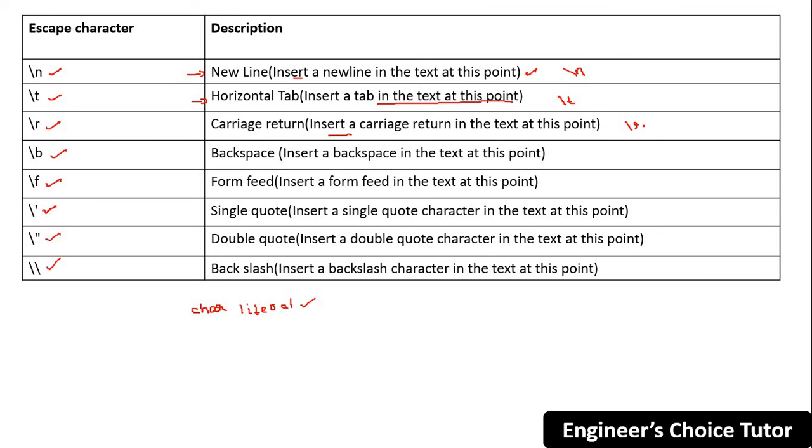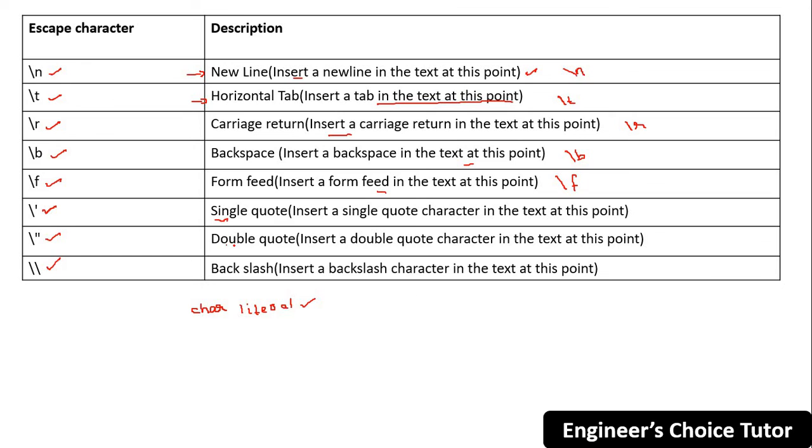If I'm using b, then insert a backspace in the text at this point. And f is form feed: insert a form feed in the text at this point wherever I have used backslash f, for example, right?